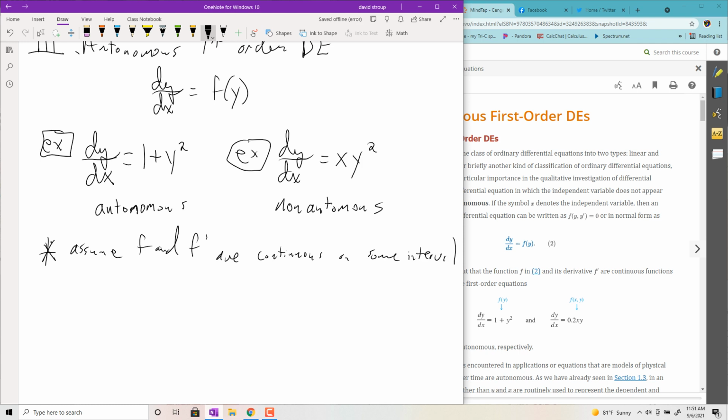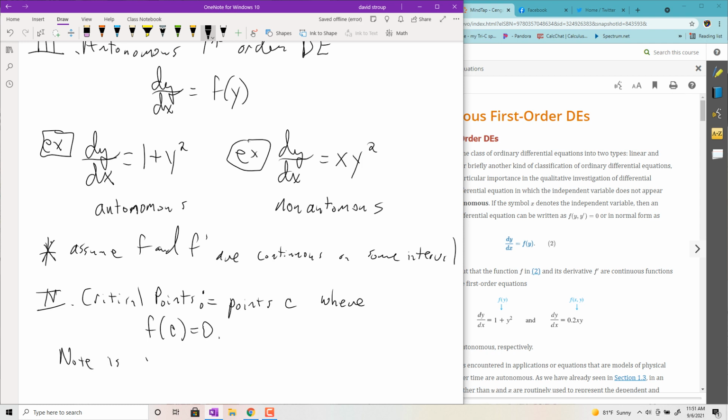Okay, the first thing we will note are what they call the critical points, and that's where we're taking the derivative and setting it equal to 0. So the critical points are the points C where f of C is equal to 0.